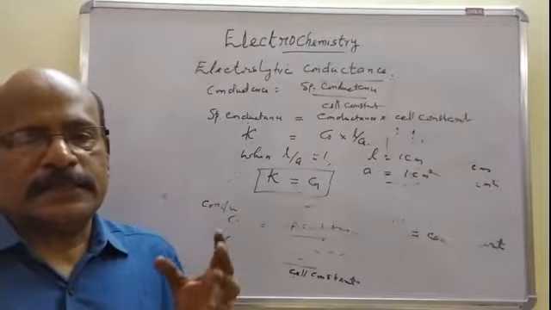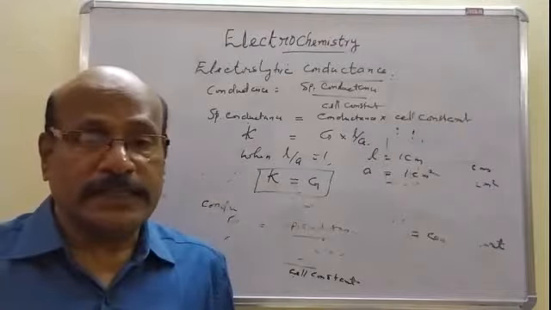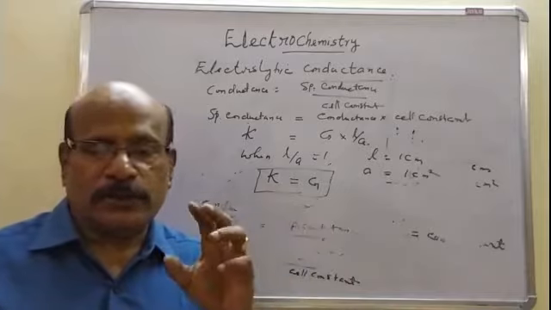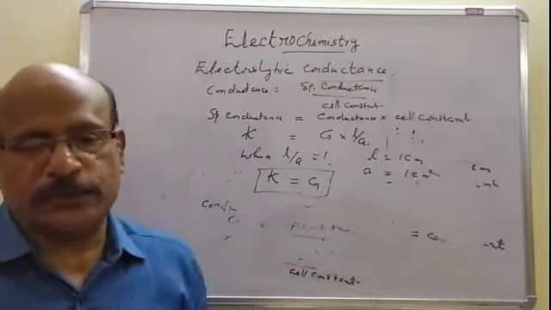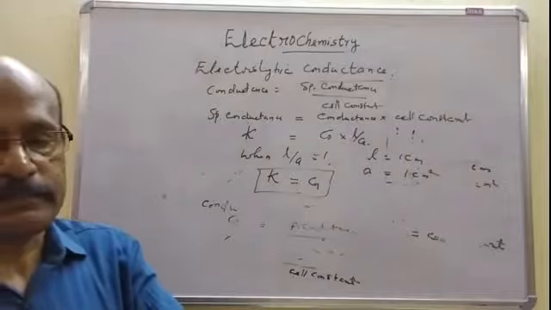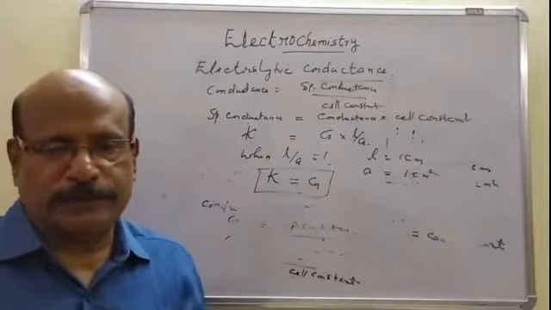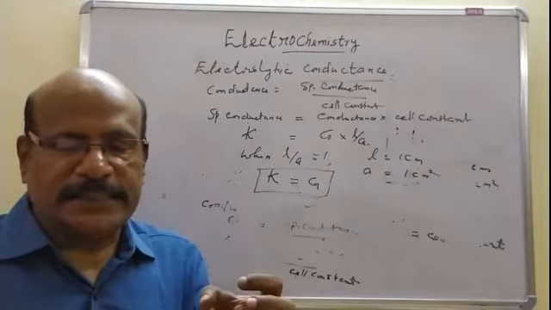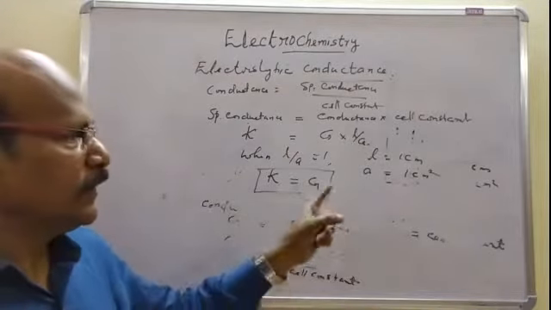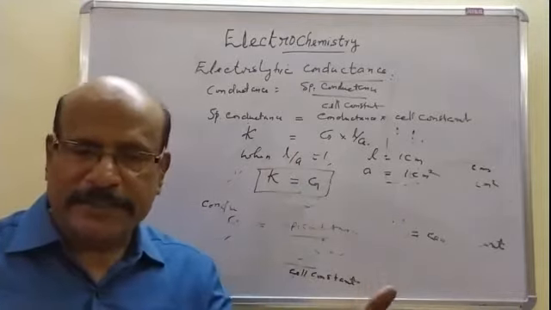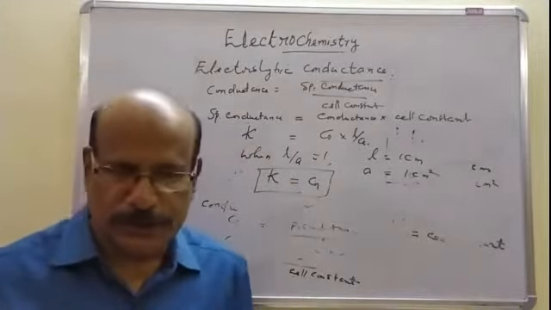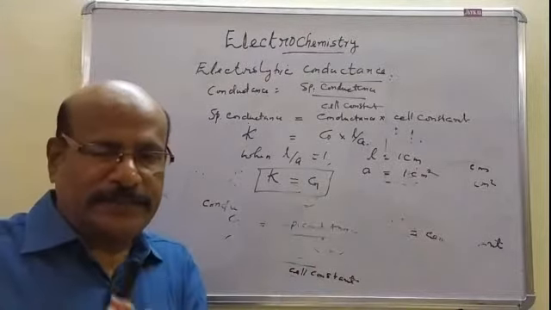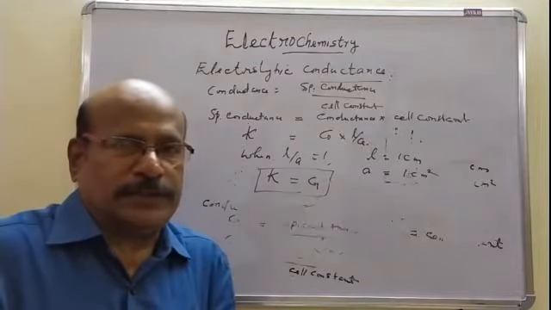So the specific conductance of an electrolyte is defined as the conductance of the electrolytic column of the solution having unit length and unit area cross section, or otherwise it is the conductance offered by 1 cc of the solution. When L by A becomes 1, it means that we have an electrolytic column of the solution of 1 centimeter length and 1 square centimeter area cross section, that means we have 1 cc volume of the solution.